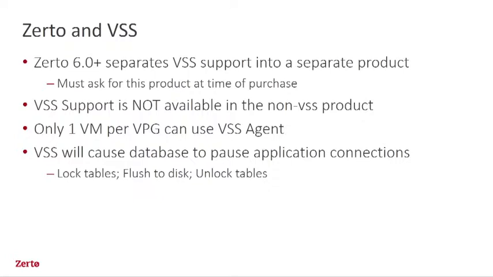Any other questions? Yes? So the question was, where is the VSS agent installed? Basically, on whatever machine you want to be VSS'd. So if it's a SQL database, then you would install it on that Windows machine. Basically, it's just a little agent that calls into VSS and says, hey, do your thing.